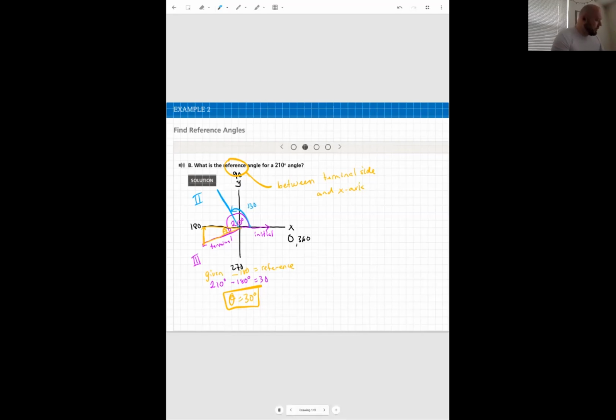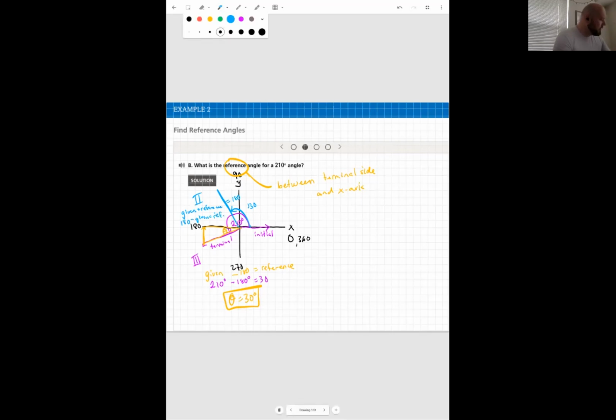We found that it was 50. So in quadrant 2, it's always your given angle plus the reference angle is going to equal 180. Or you can say 180 minus the given equals the reference.